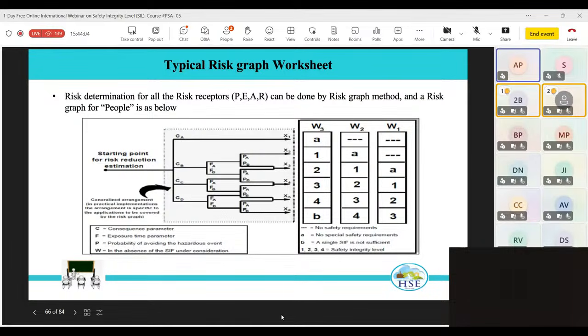So once you have CA, CB, then FA, FB, finally you land at PA, PB. And suppose your event frequency is going to be W2. In that case, you end up with SIL2. So in this method of analysis, you are directly getting SIL2 as an answer.